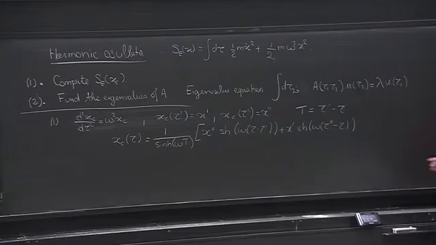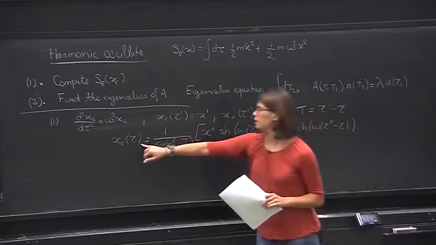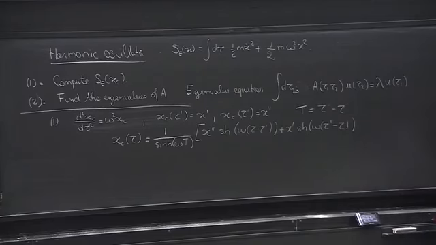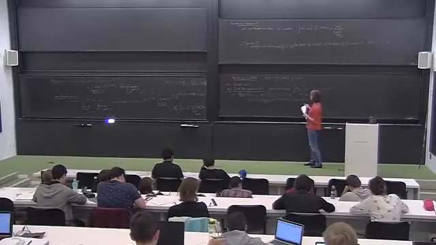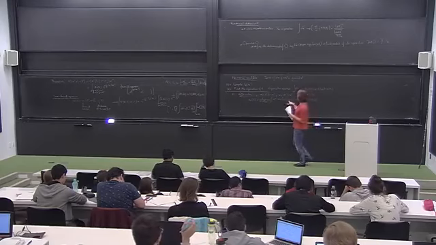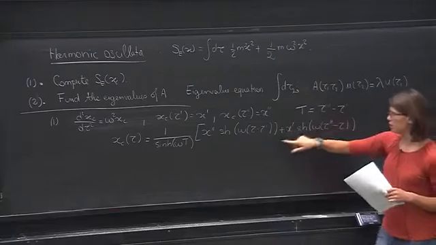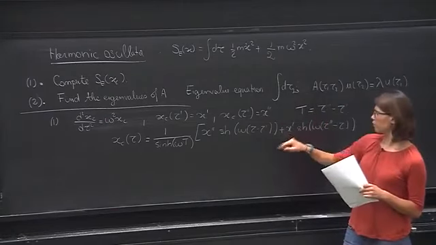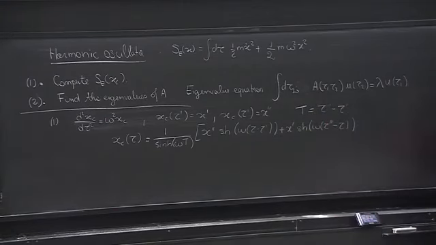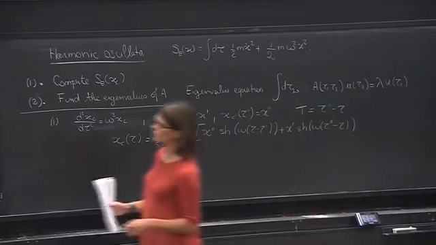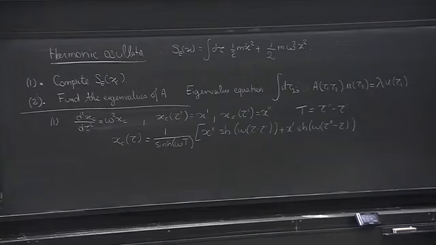Okay, so it's straightforward to check that when T is equal to tau prime, this term vanishes, and then here you get the same as this one, so you just get x prime, and the same for tau prime prime.